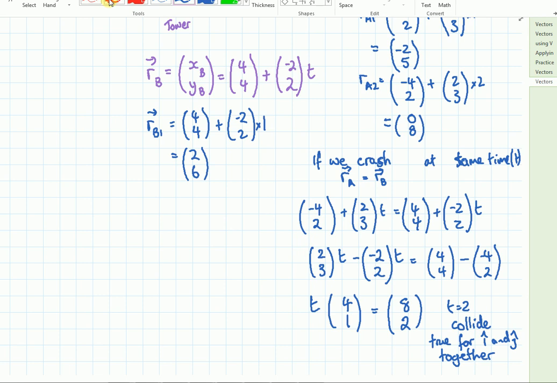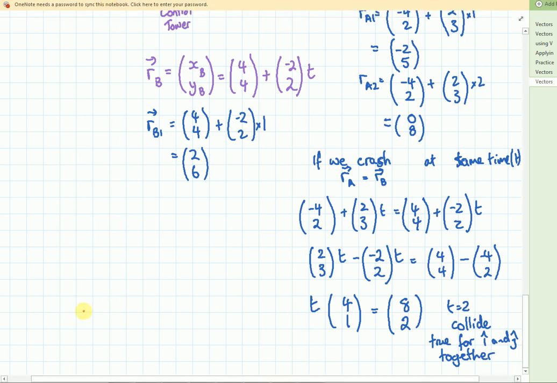A counter case would be something like where I get no crash. The case would look something like 4, 1, and we have a position 8, 3. So when the time is 2 now, we would have them actually not being in the same place because the j paths would be different. That's one of the key parts. This is no crash because 4t equals 8 gives me one value, and t equals 3 is a different value.